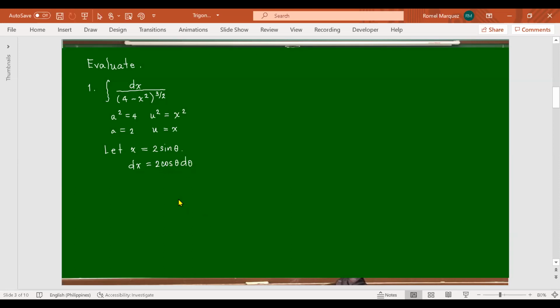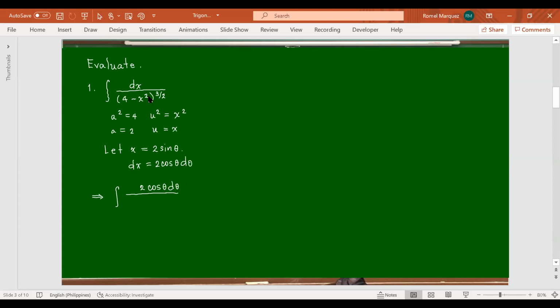Okay, guys? So let us express this expression inside in terms of sine, with this 2 cosine theta d theta. The integral now becomes the integral of, what about dx, guys? What is dx? 2 cosine theta d theta.